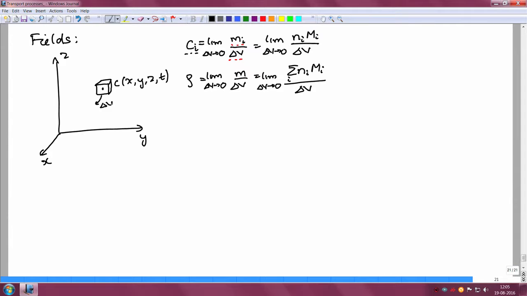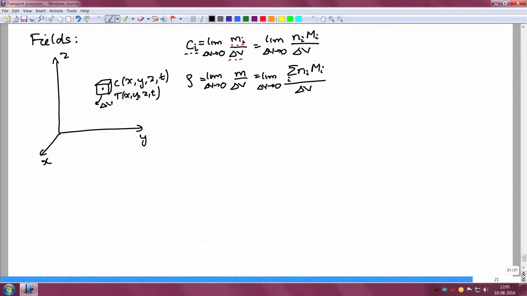Now, for heat transfer, we have to define the temperature field. Note that this is a function of position, it could also be a function of time. Once again, this is defined through the energy density.